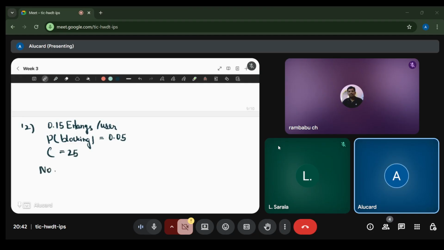What is the number of users that can be supported?